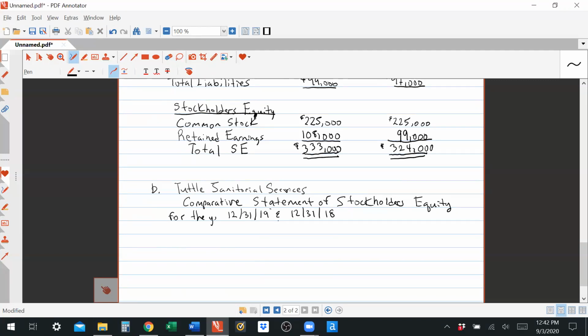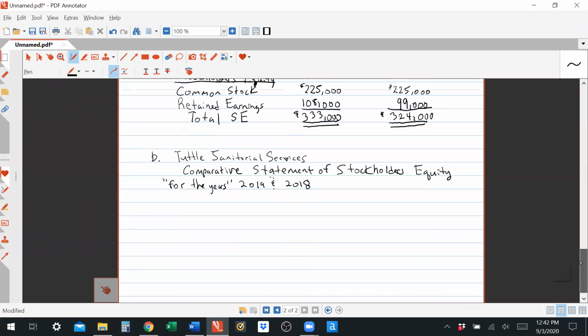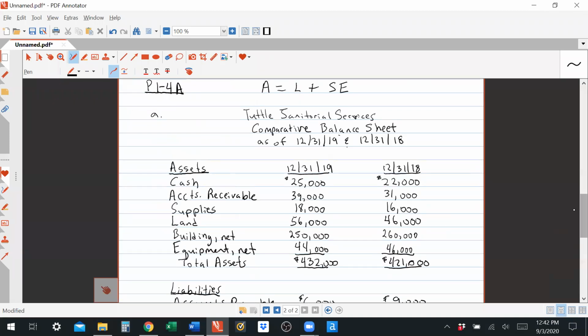So for the years. You use this phrase for 3 of the 4 financial statements. And then for the balance sheet, you use the phrase as of a moment in time.